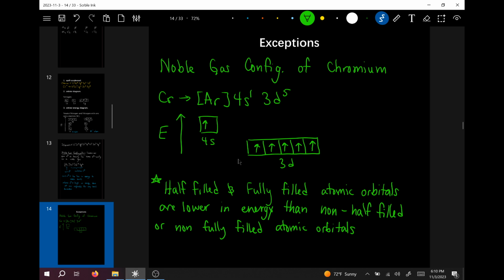So by placing this electron at the 3d orbital, the overall energy of everything just went down, and that's a good thing. It likes to be that way.